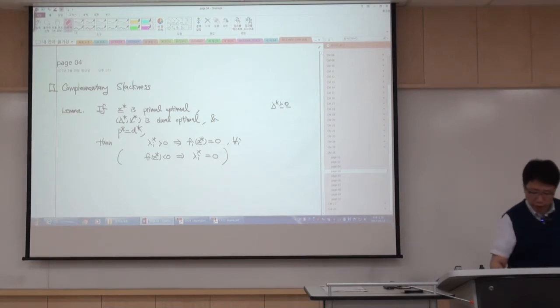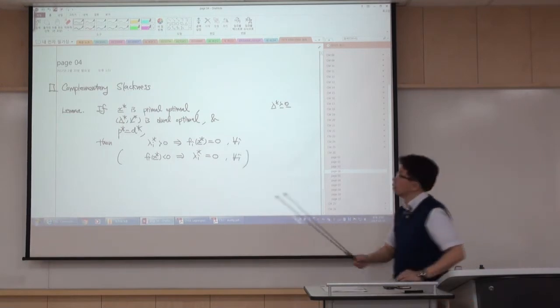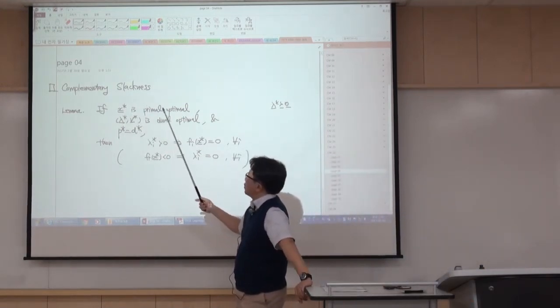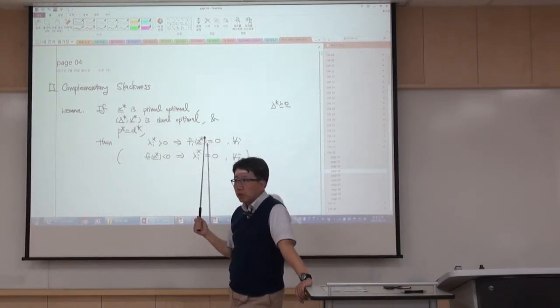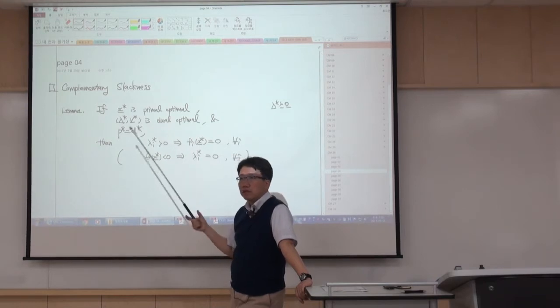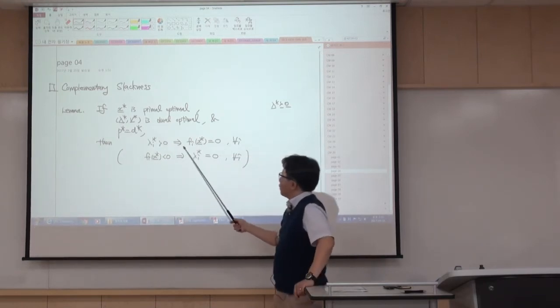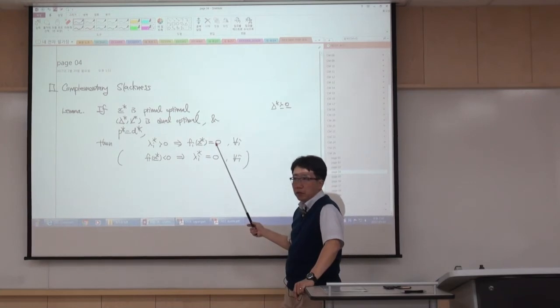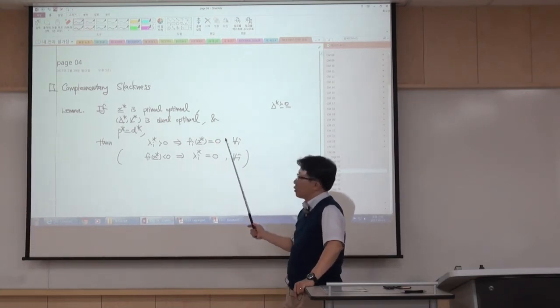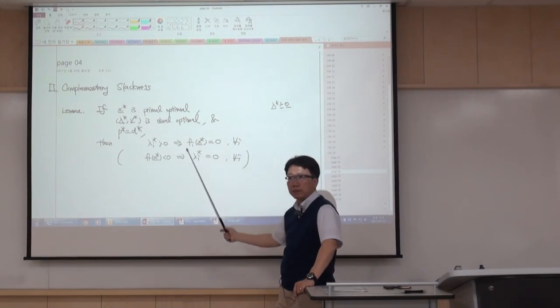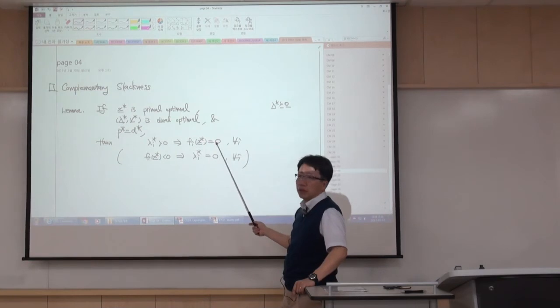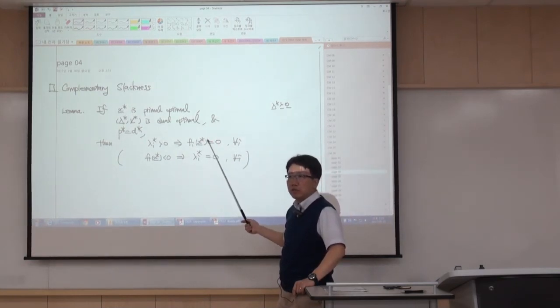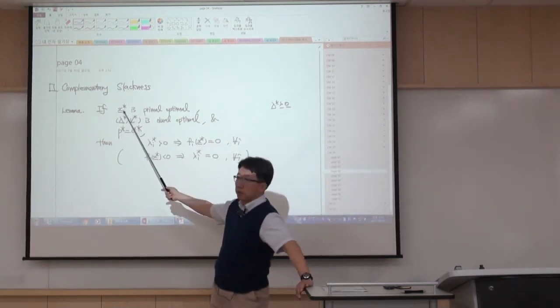Why do I say it a little bit differently? Because x star is primal optimal means x star must be a feasible solution. If x star is feasible, what happens? f_i is either 0 or negative. So the negation of this statement is this one, right? It's not like f_i is greater than 0 or less than 0. It's impossible because x star is feasible.